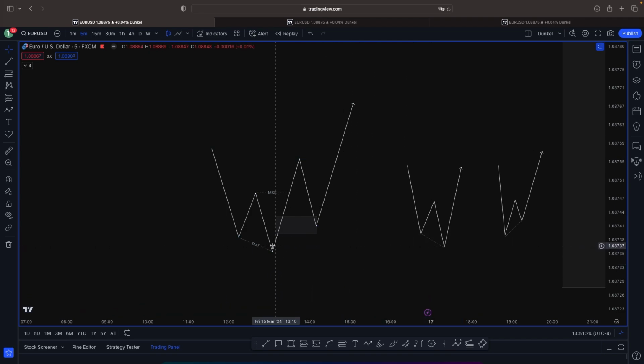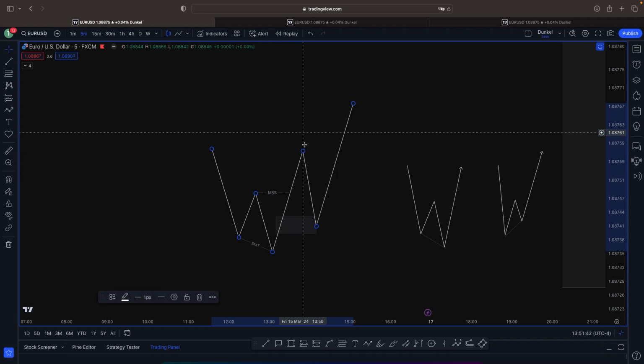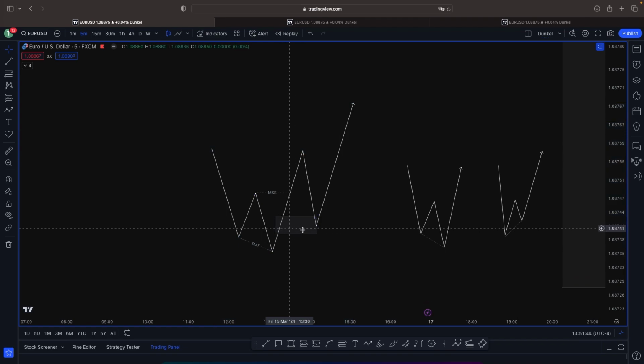So we get an engulfing candle right here, and then an impulsive shift to the upside. And that's also what I'm looking for. I don't want to see a small shift to the upside. I want to see a big impulsive move to the upside, leaving behind an imbalance. And that's the third part of the smart money reversal.